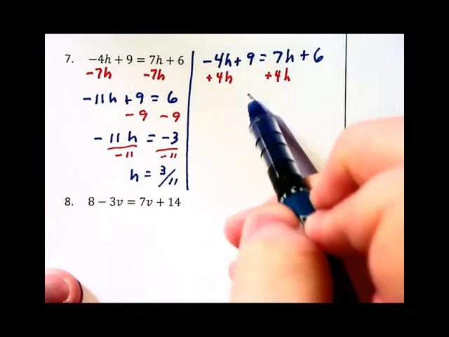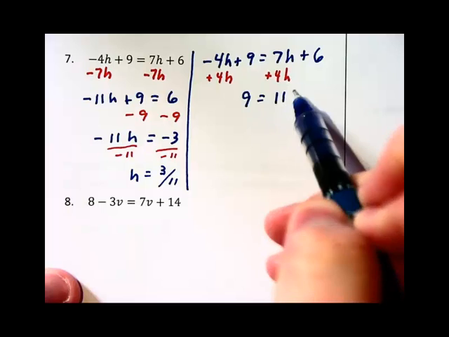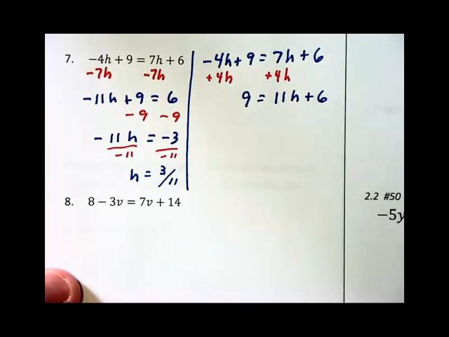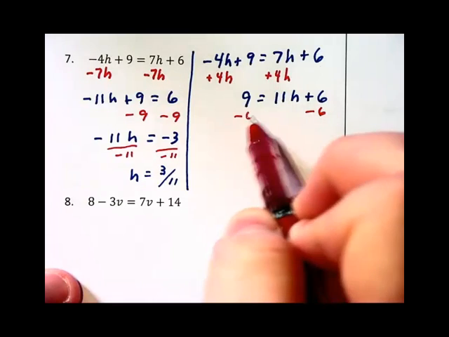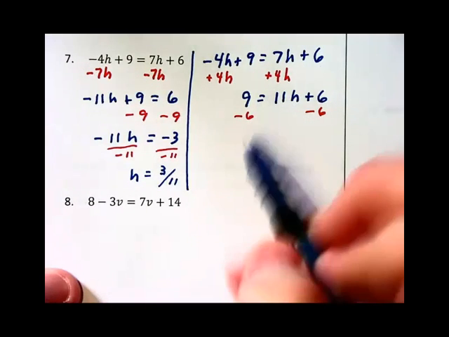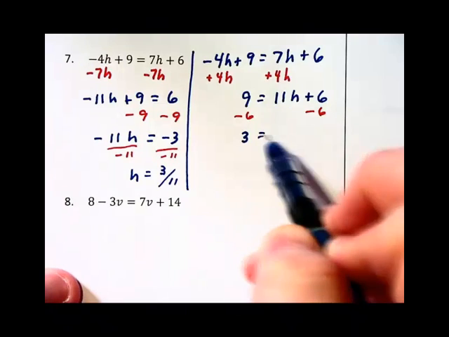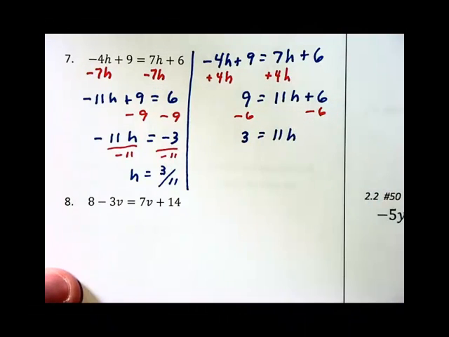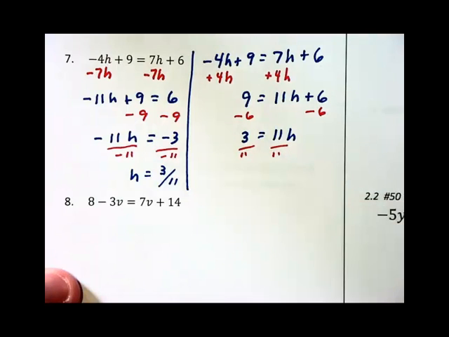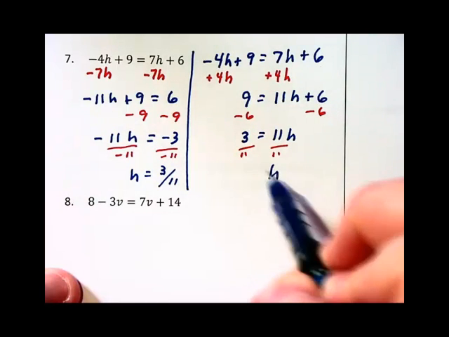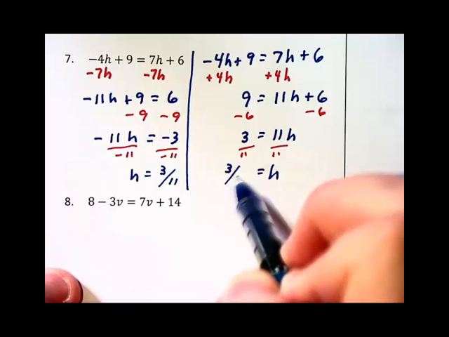We would have 9 is equal to 11h plus 6, and then we would subtract the 6 on each side of the equation. That would give us positive 3 is equal to 11h, and you can see that after we divide by 11 we're going to get the same solution. H is equal to 3/11.